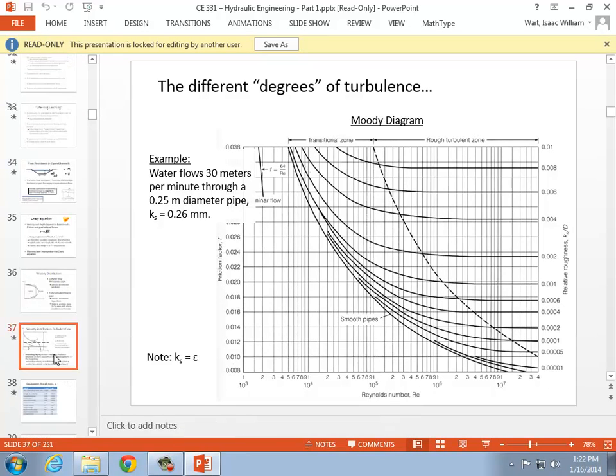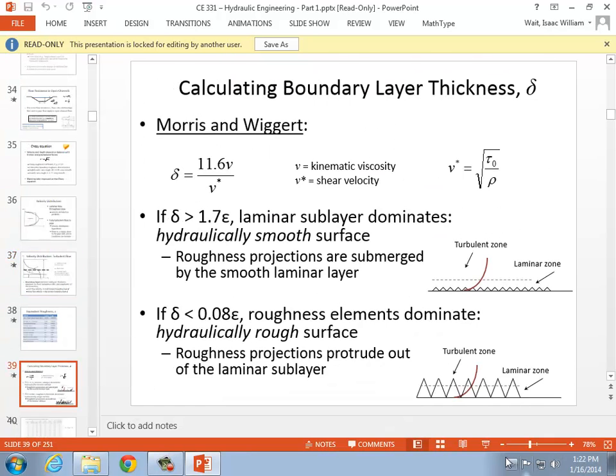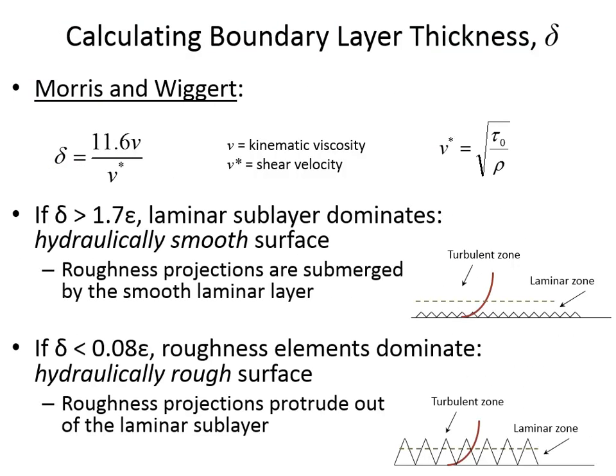So the thickness of this layer, what we're saying is, when it's hydraulically rough, once it gets into this zone, the F value doesn't change as a function of flow velocity because those peaks are already in the turbulent zone.